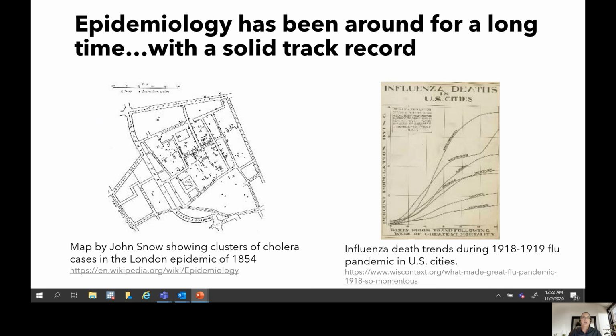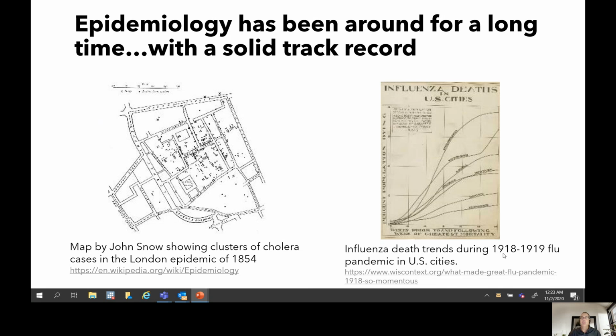And he noticed that they were distributed around an area where there was a water pump, and this led to the intervention of removing the handle of that pump and making it no longer usable, and that actually ended the epidemic or the outbreak. So, I think that's an example you'll see in every Epi 101 textbook.